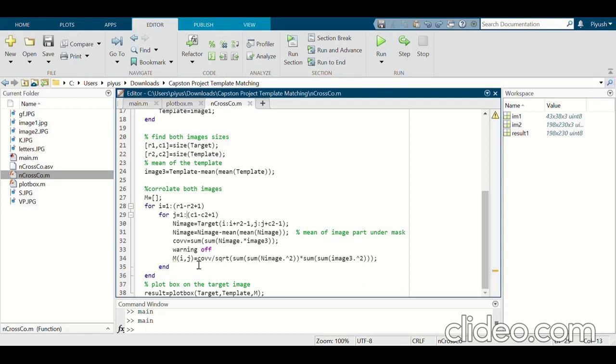And what is M(i, j)? M(i, j) is storing the normalized cross correlation coefficient at pixel location i, j in M.